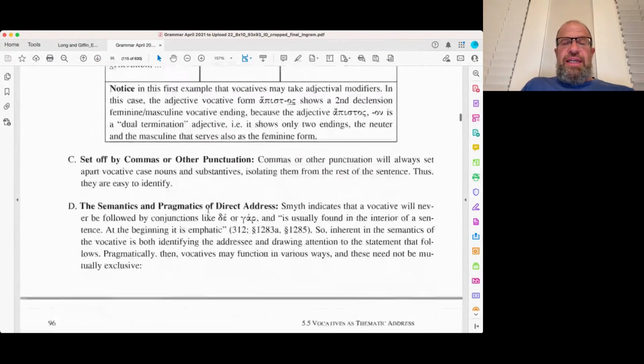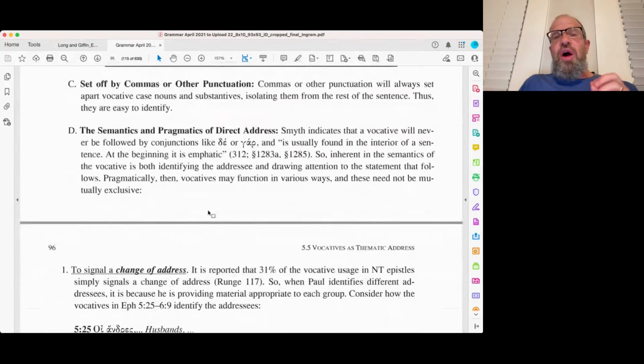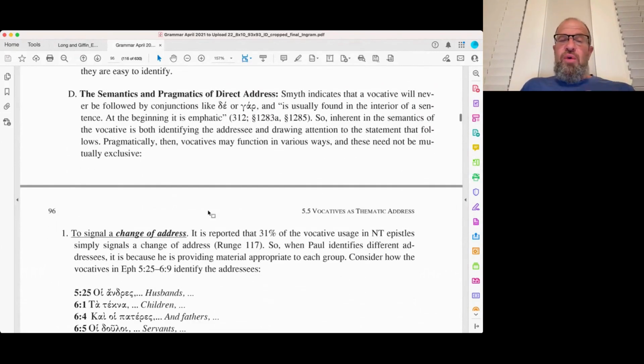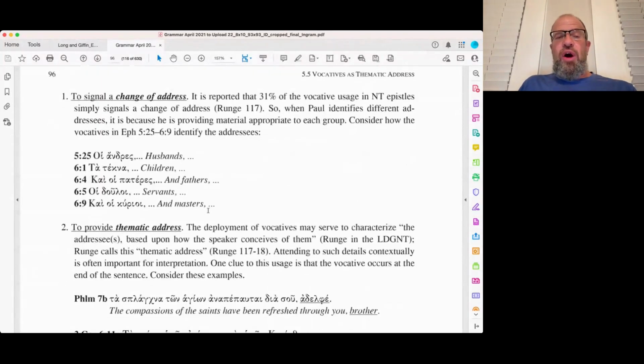So again, vocatives are a direct address. It's when an author calls out the audience that is listening to their discourse, to whom they're addressing. Now, what are some functions of the vocative? Why would an author call out an audience that they're addressing? Well, it can signal a change of addressee.